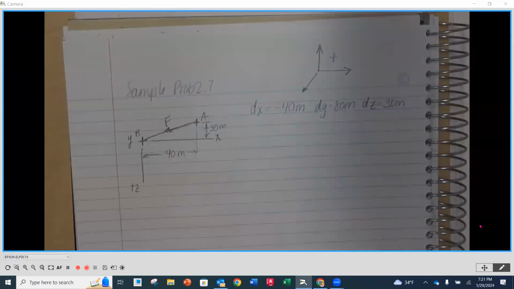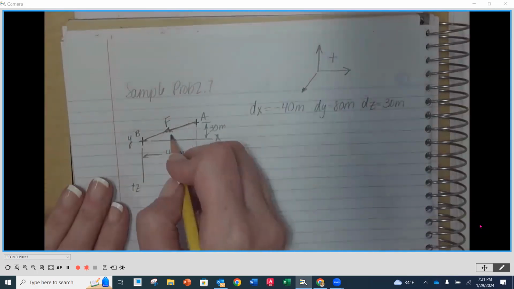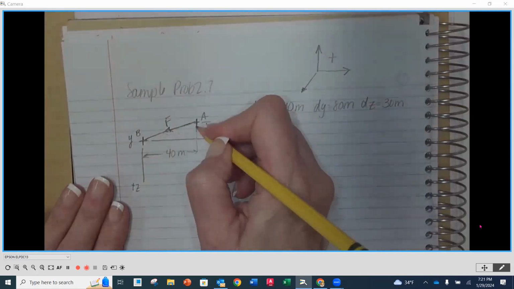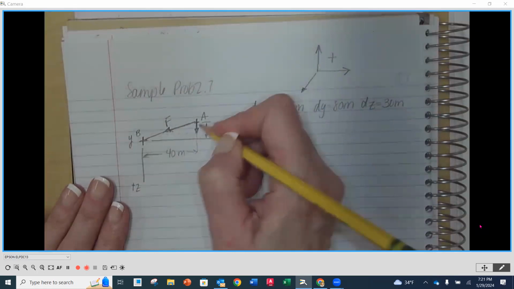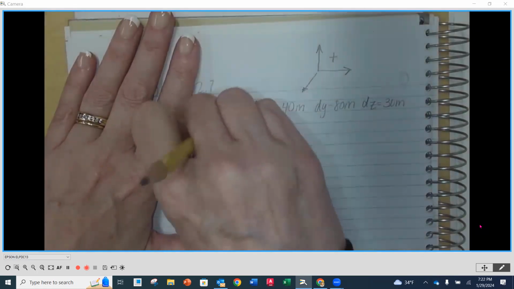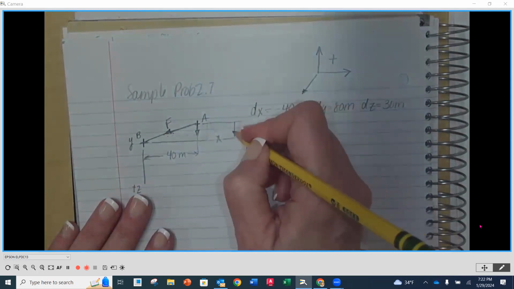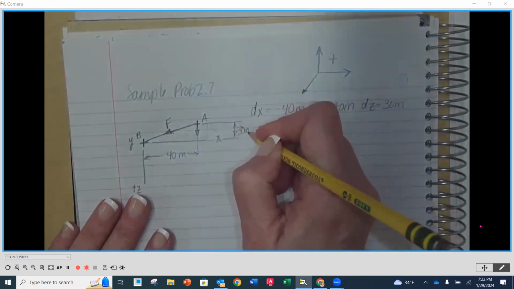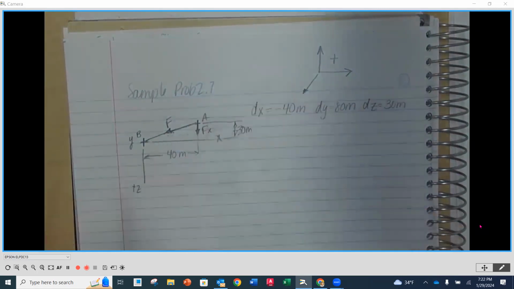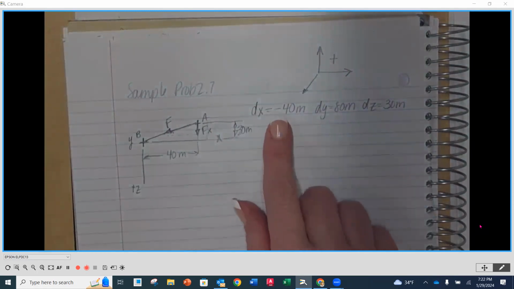Now, let's look at components. If that's the direction, and I pull this over and go down with this, do you see how this is 30 meters? This is my FX component. It's going in a negative direction. That's why our distance is a negative value.